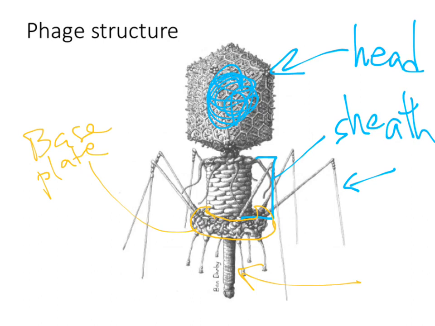One of the things that's really fascinating about these bacteriophages is that probably the image that most of you drew is this in an elongated form. This is what we would call the contracted form.